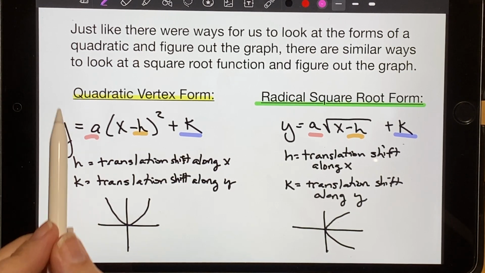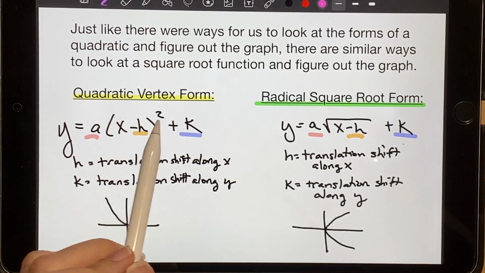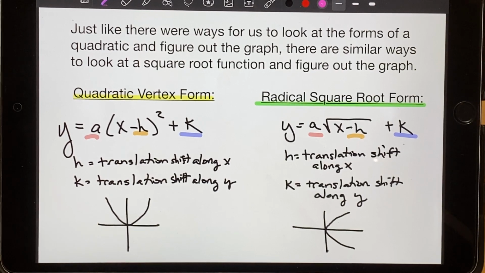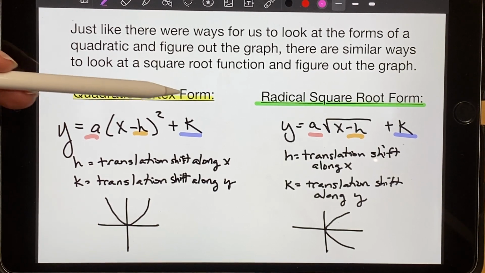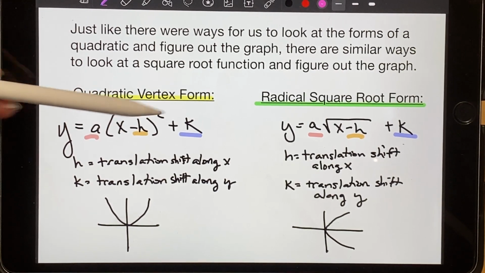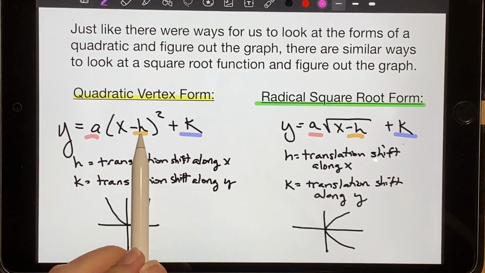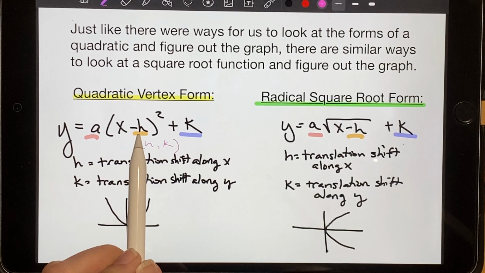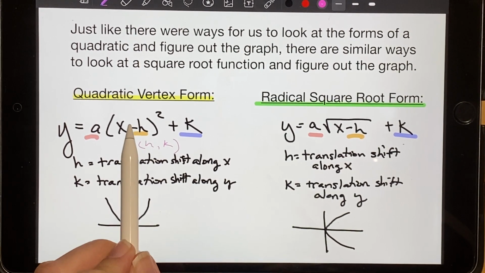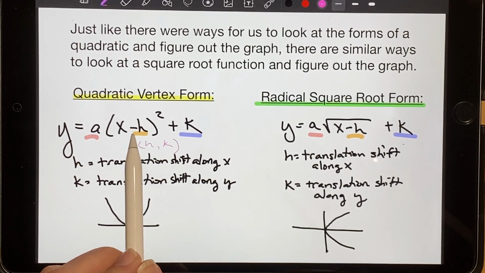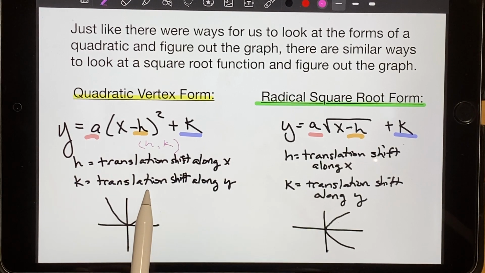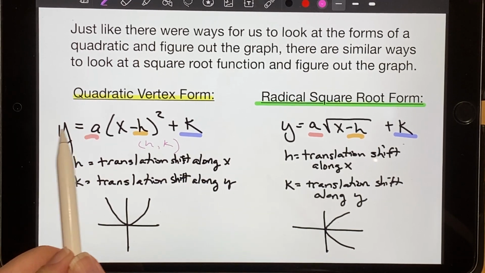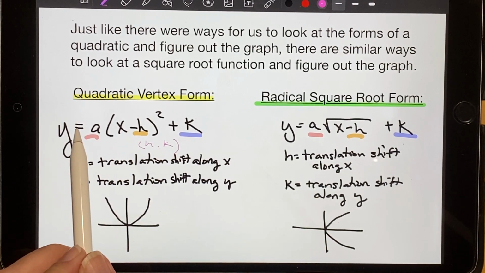So just like when we had quadratics, we had a special form called the vertex form. We knew that when we had a quadratic in the vertex form, our vertex was found at (H, K). We talked about why H is the opposite sign than what is listed there, because Y and K are already on two separate sides of the equal sign.